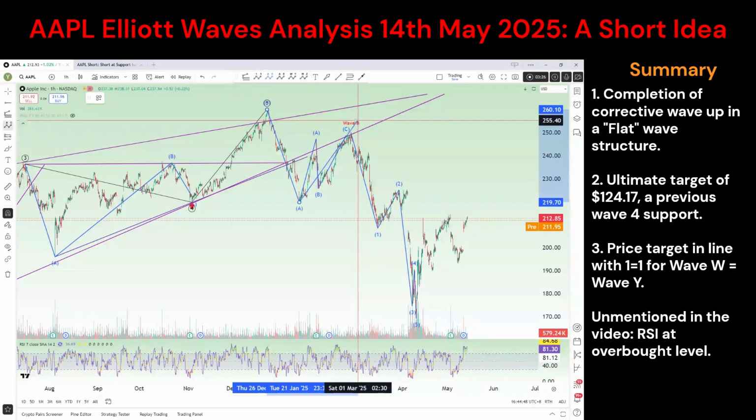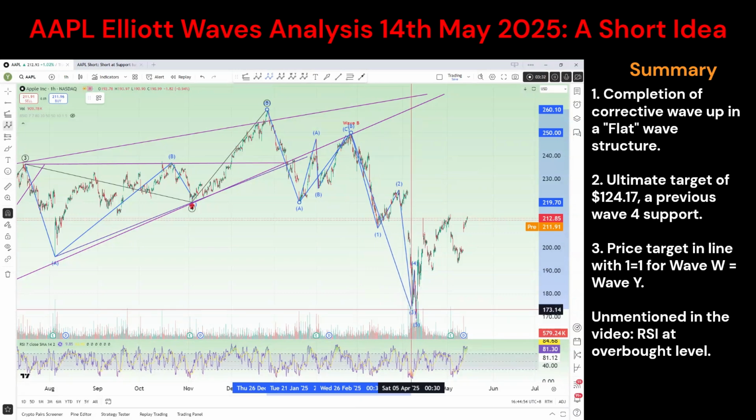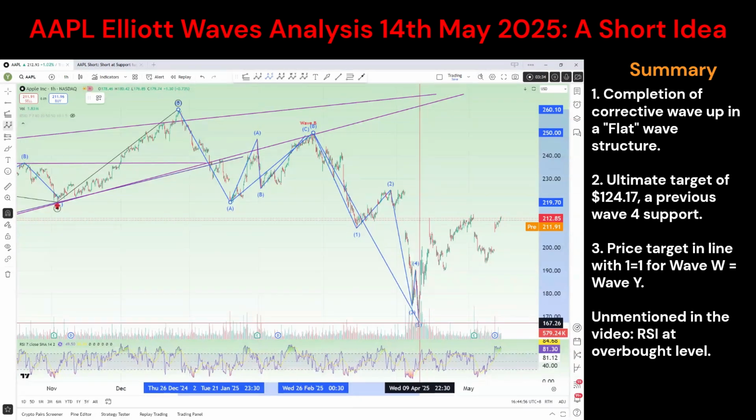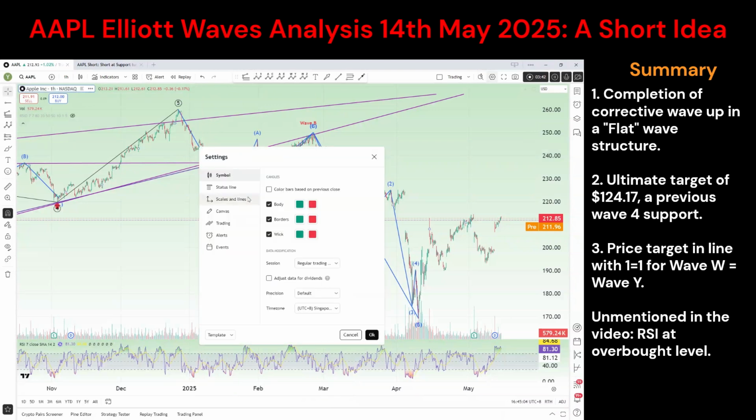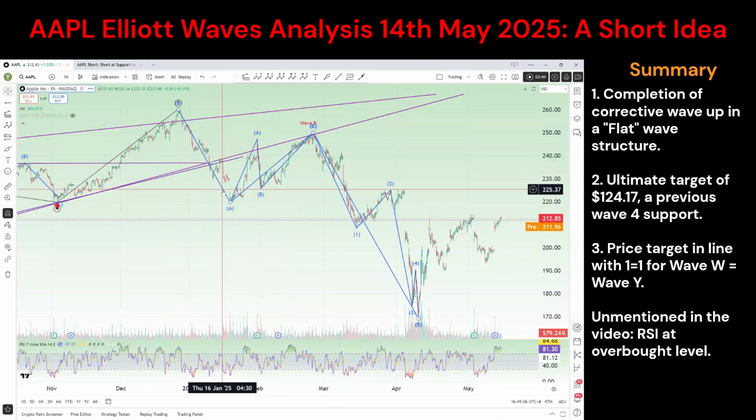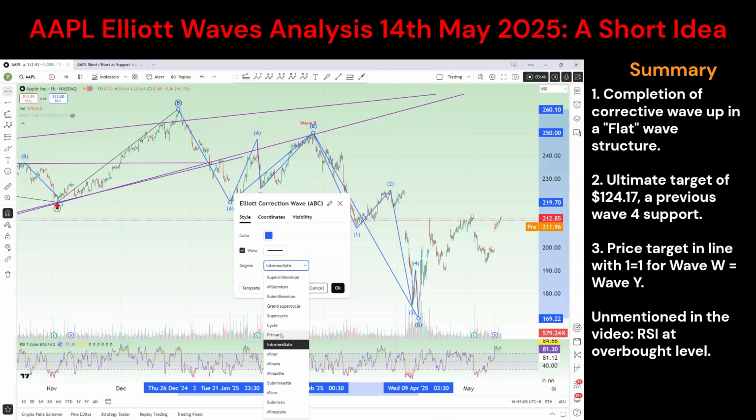This primary degree level should be around here. Some of this has run off a bit. So this is primary degree, and my primary degree is black.